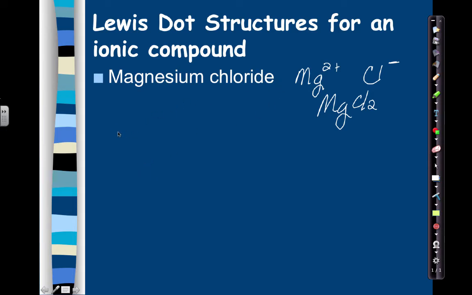All right, so let's just look at the electron dot structure for just magnesium. Okay, magnesium is Mg. It has 2 valence electrons, so 1, 2. Now let's look at chlorine. All right, so chlorine is in group 7A. It has 7 valence electrons. 1, 2, 3, 4, 5, 6, 7.